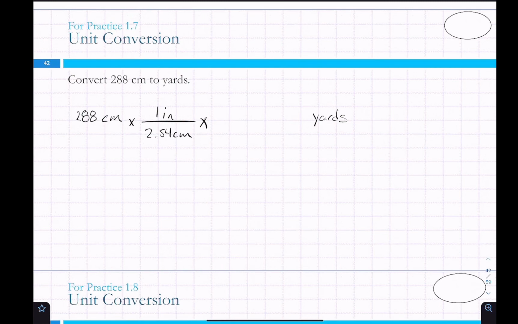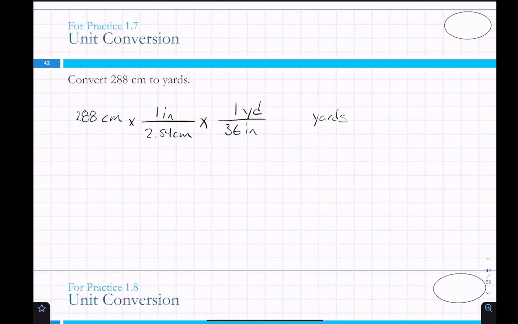Yeah, so we could either go from inches to feet, so 12 inches in a foot, and then go from feet to yards. Or we could jump straight from inches to yards because we know there's 3 feet in a yard. Let's do that because it's going to be shorter. So 36 inches, 1 yard.